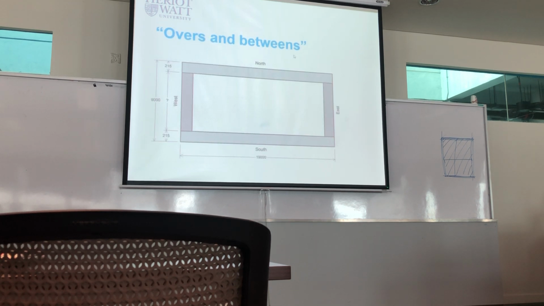So, over and between. What does it mean, over and between? This is over, and this is between. If we don't use center line to center line, we will be measuring the length of this wall plus the length of this east and west, so that we don't overlap. If I take this perimeter, when you measure internally, it doesn't reflect the full length of the wall because it is lesser.